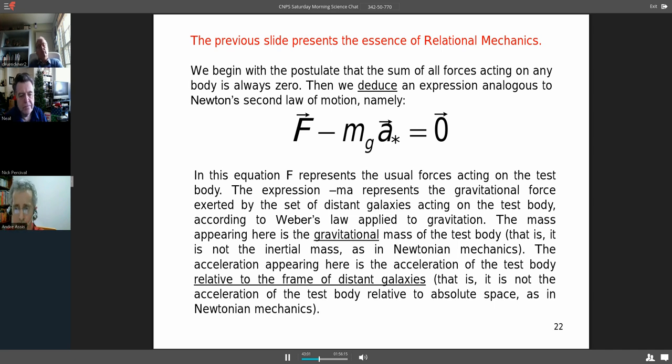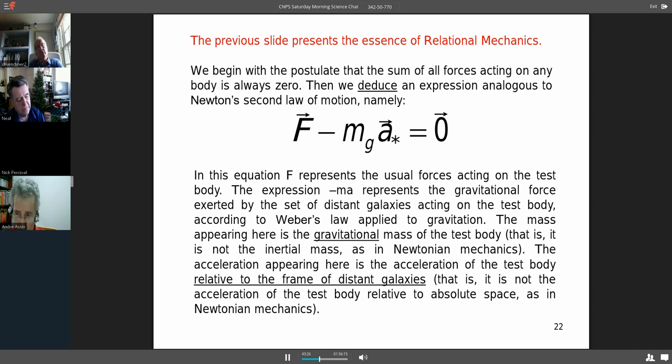In this equation, F represents the usual forces acting on the test body: friction, gravitational, electromagnetic, etc. The expression minus ma represents a real gravitational force exerted by the set of distant galaxies acting on the test body, according to Weber's law of gravitation.